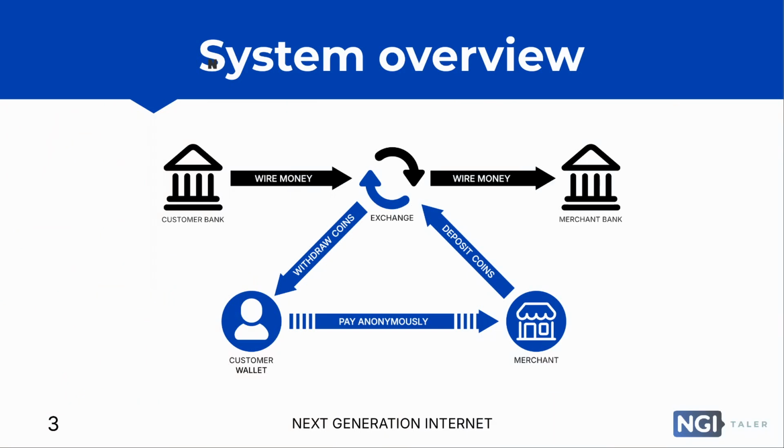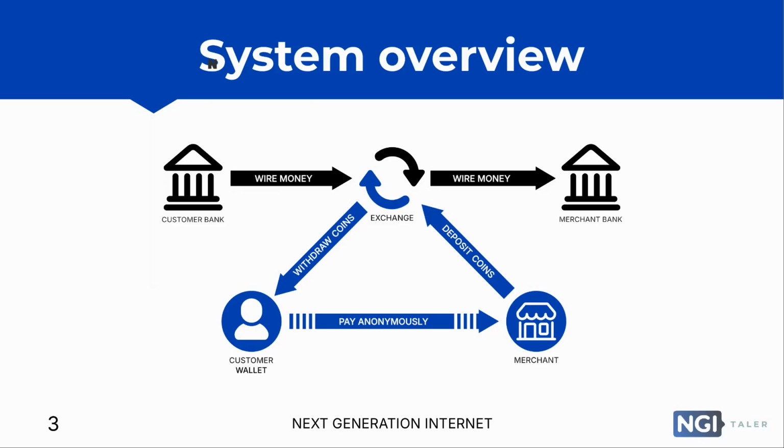Now I will explain to you at a high level how Taler works. Taler is made up of many components that communicate over the network. First we have the exchange at center stage. That is the main component whose main job is to trade money in a bank account into digital cash in a wallet.